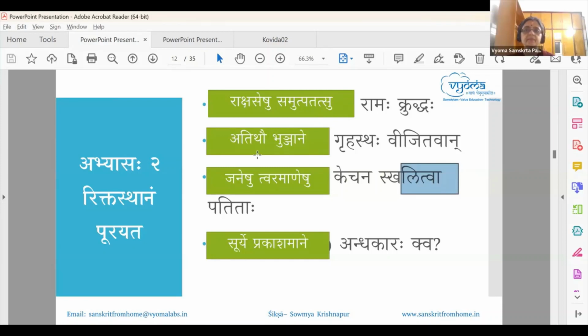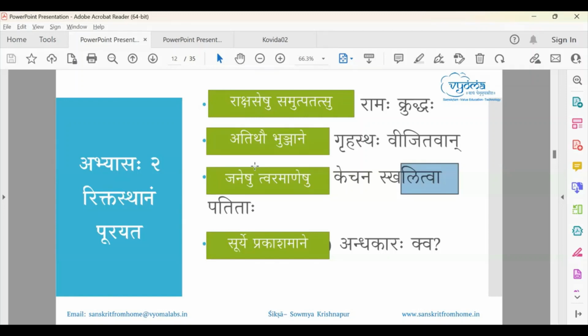Okay. Here, Kruddha Asid is understood. Atithau Munjane Grihastha Vijitavan. When the guests, when the two guests, sorry, Saptami.